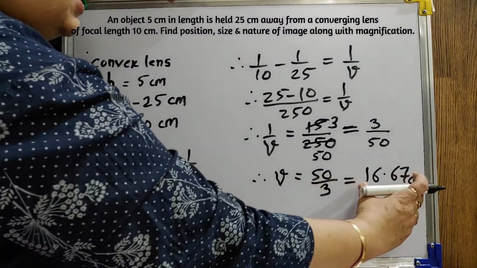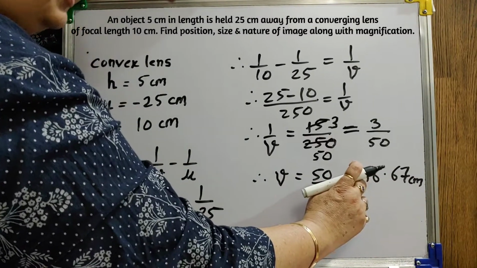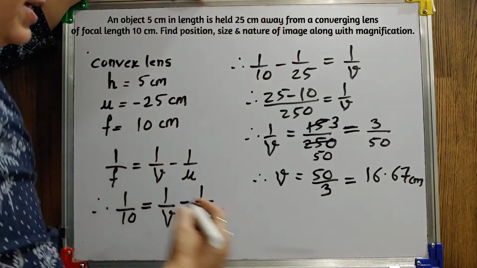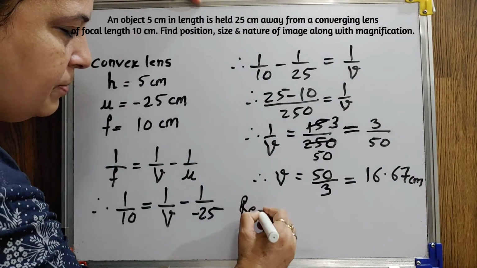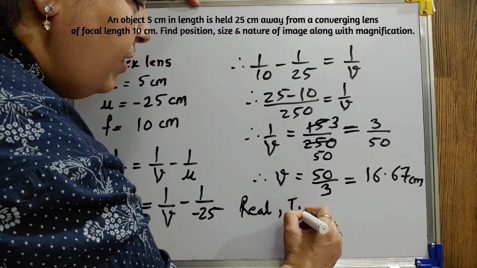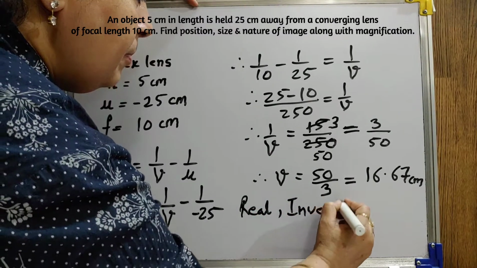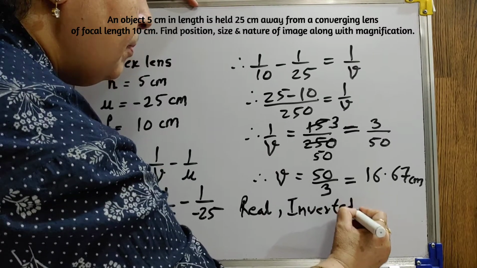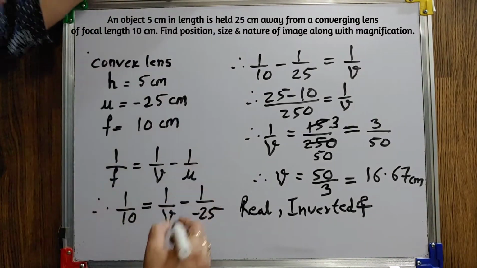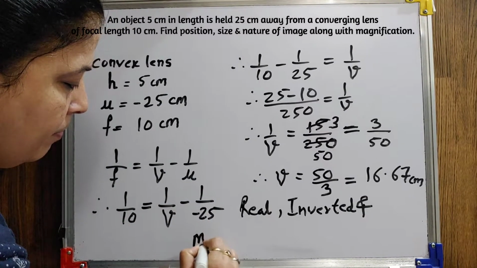So your v is 16.67. It is positive, it means v is on the right hand side, so your image is a real image. And you know a real image is always inverted. Now, whether diminished or magnified, find out m.